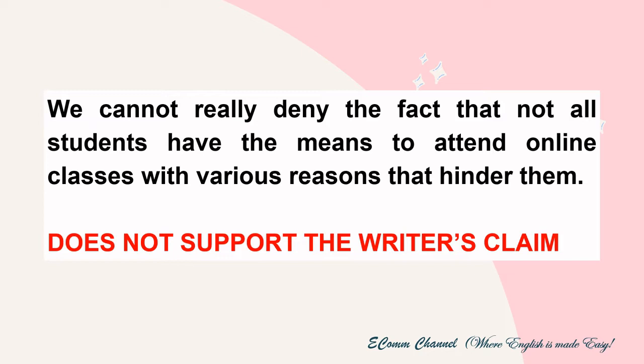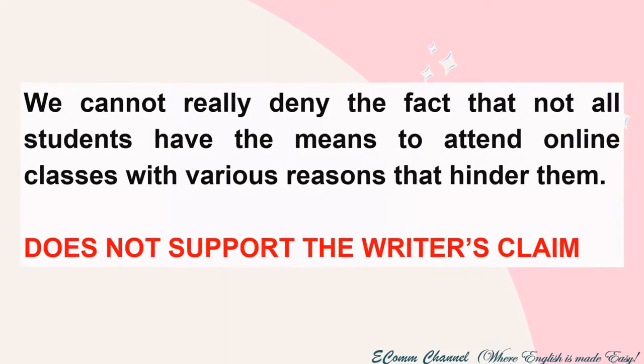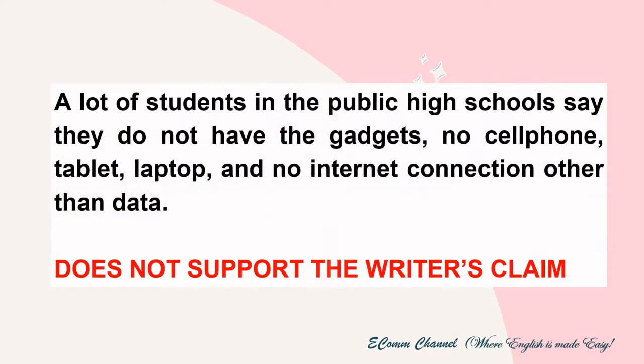This sentence gave the reader an idea contradicting the writer's claim on students' failure to attend virtual classes. It provided a reason for the students' way of improperly dealing with the virtual classes. Obviously, it does not support the writer's claim. The next statement emphasized more specific reasons for students' failure to attend virtual classes.